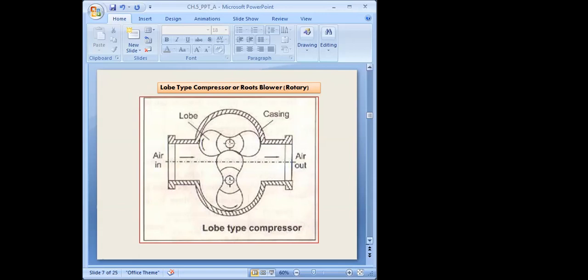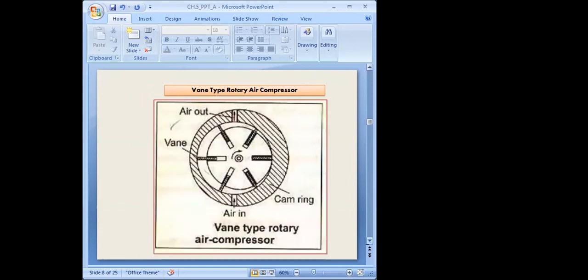Then we have the vane type rotary air compressor. We have seen the vane type air motor, vane type hydraulic motor, and vane pump also.